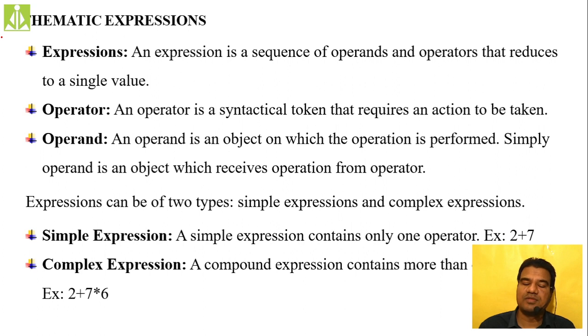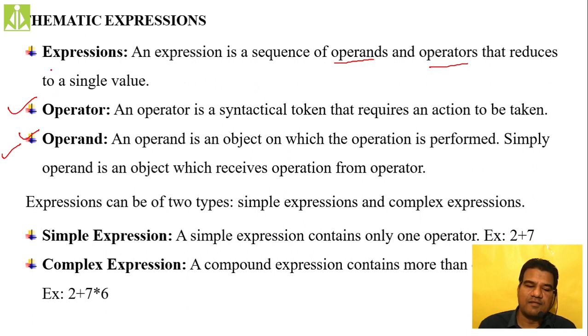An operand is something which receives the operation from the operator, or an object on which the operator performs the operation. So now these things are clear to us. We defined the expression, and then the operands and operators.